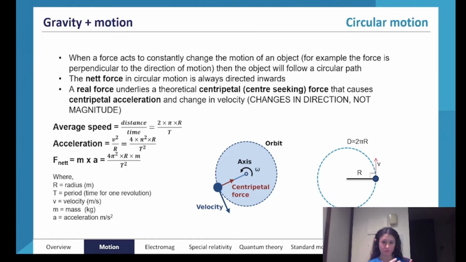Thinking about this in the context of circular motion, if you are driving around a roundabout, or doing a donut or something, though a roundabout is probably safer, if you're going fast enough, you feel like you're being pulled away from the center of motion.